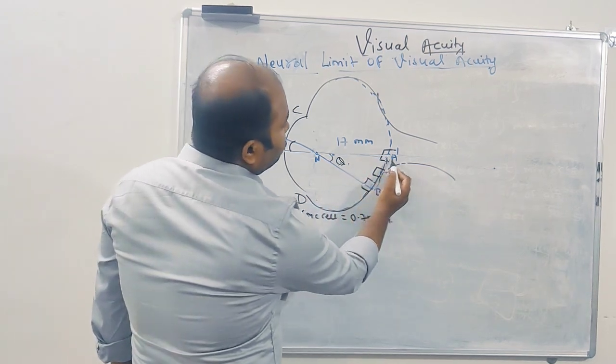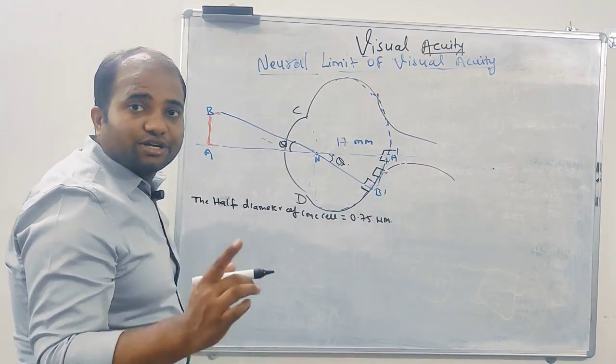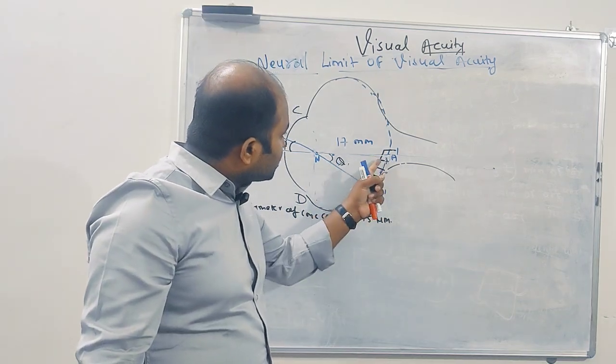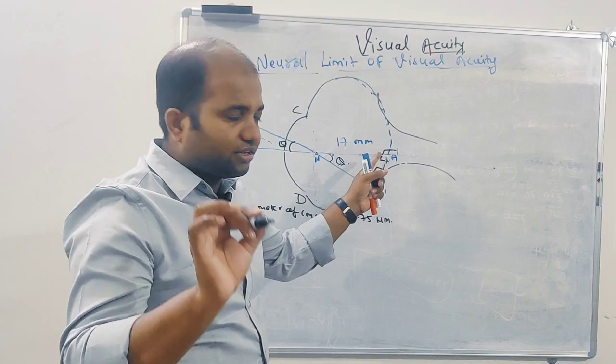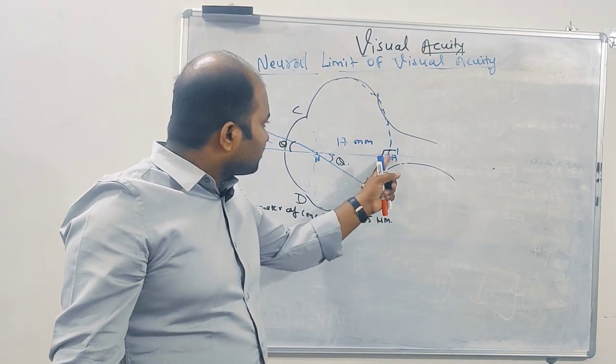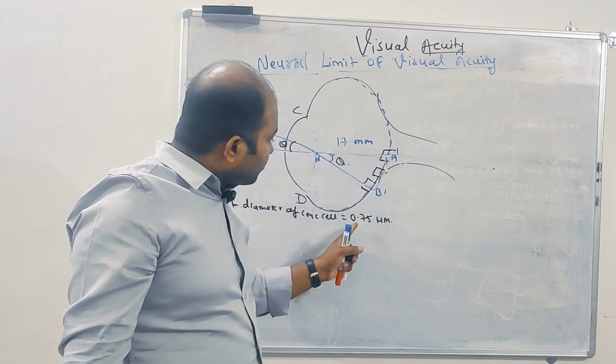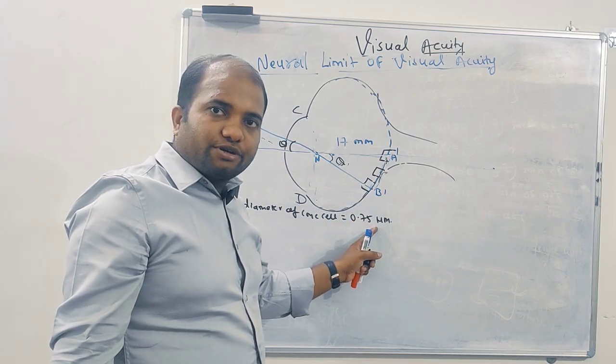That means this is half. Total diameter is 1.5 micrometer. We are assuming the light is striking at the center of the cell, so it will be half. 1.5 half is 0.75 micrometer.